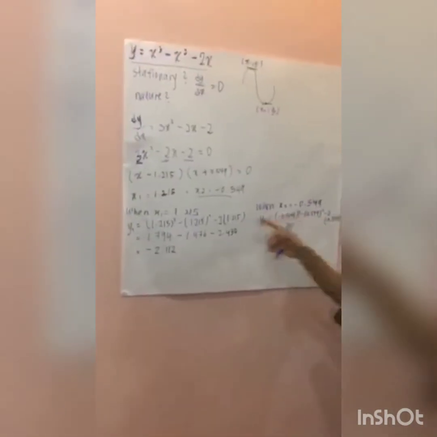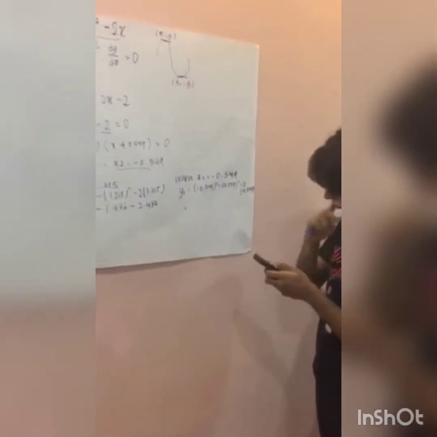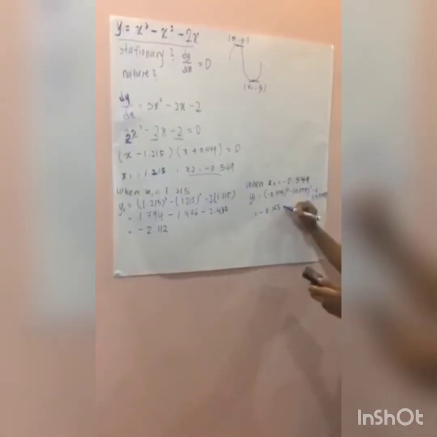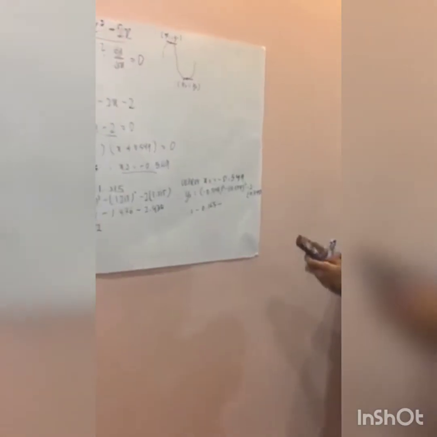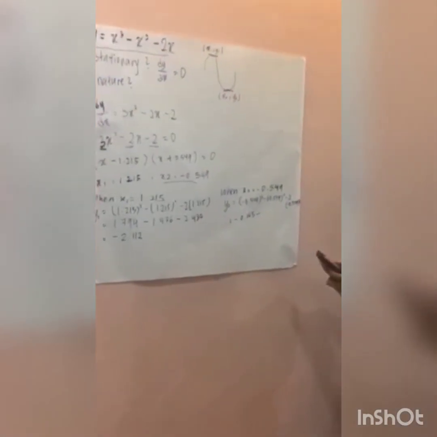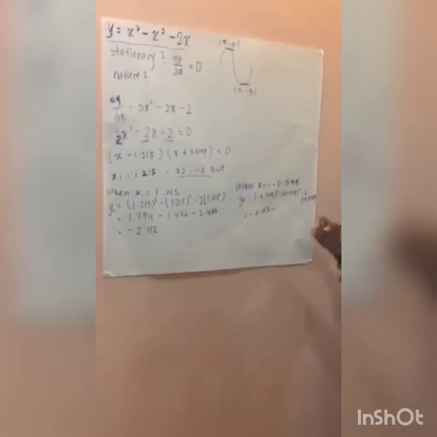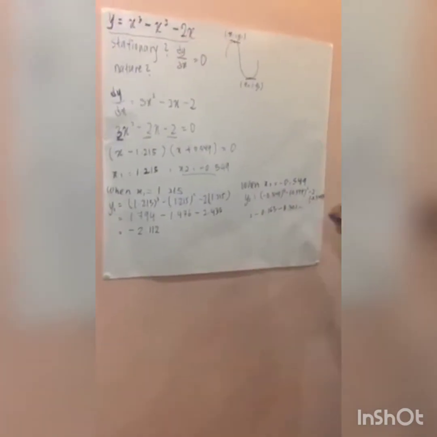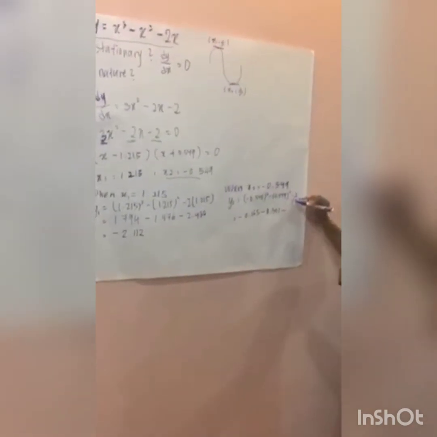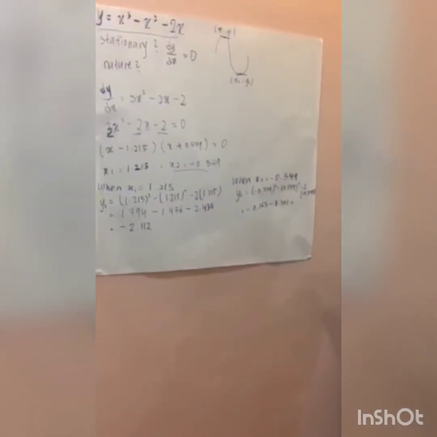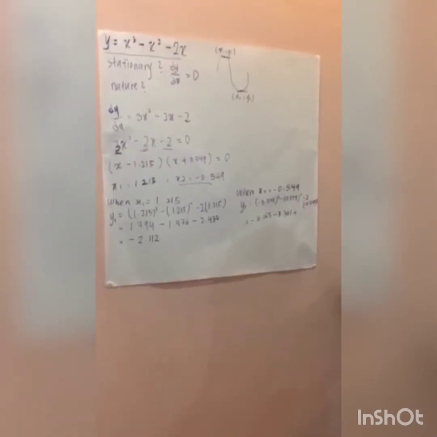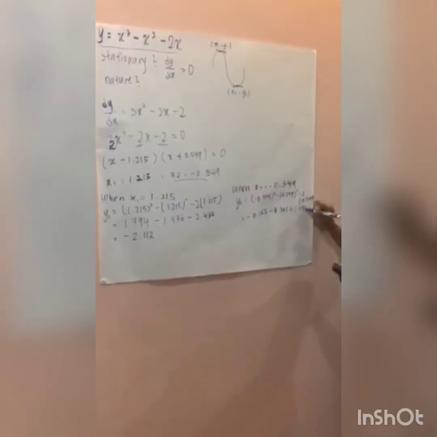Negative 0.549 to the power of 3 is negative 0.165, minus negative 0.549 to the power of 2, which is 0.301, minus. Since this is negative and this is negative, negative times negative is positive, so 2 times 0.549 is 1.098.